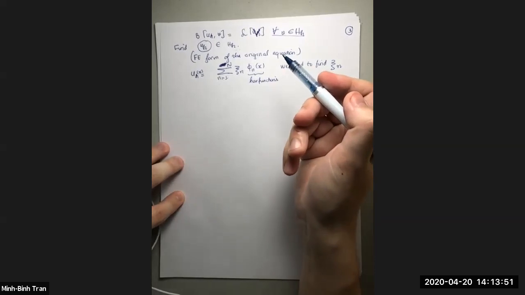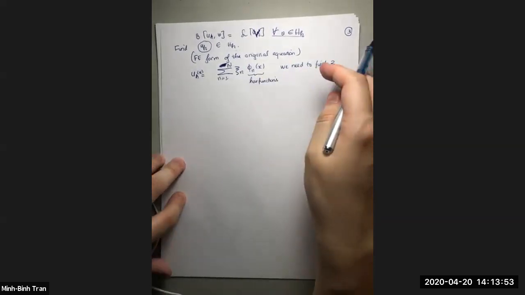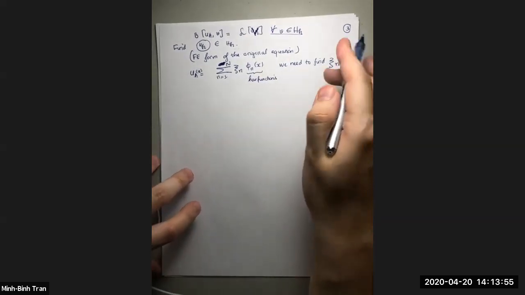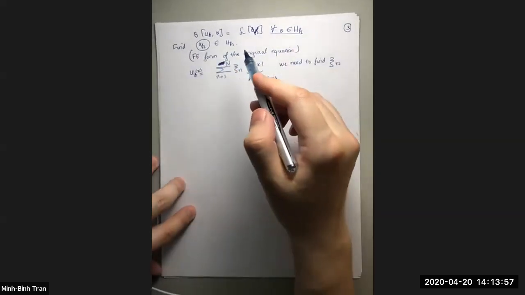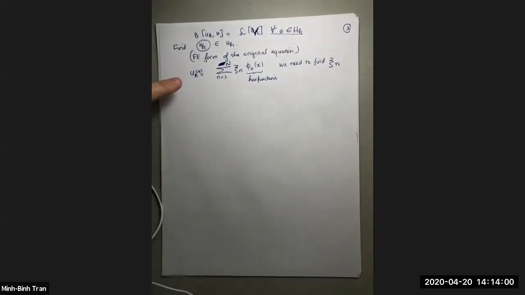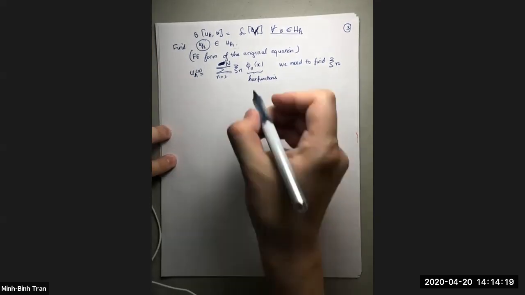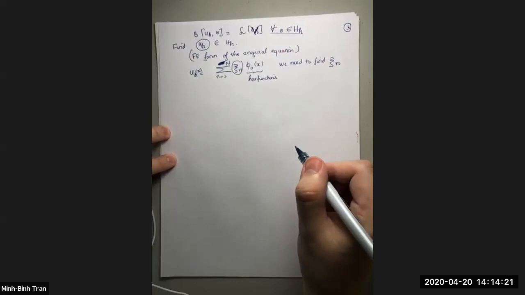In this case, you have an elliptic equation in 1D, and you have to solve it. The idea is that you write U_h on the basis of the hat functions. You have N hat functions that form a basis for H_h, small h. When you write it on this basis, you have to find C_n, right?